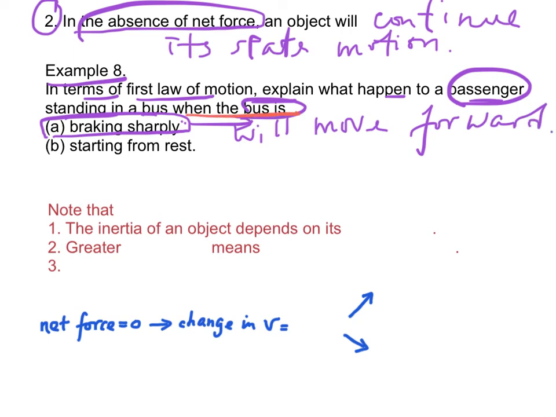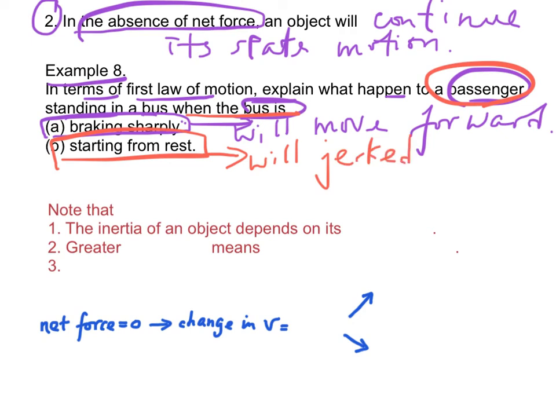When the bus is started from rest, the starting force again is also acting on the bus only, but not on the passenger. Therefore, the passenger will jerk backward, or we say the passenger will move backward. Note that the inertia of an object depends on its mass only.